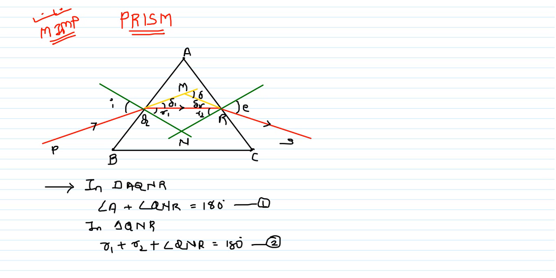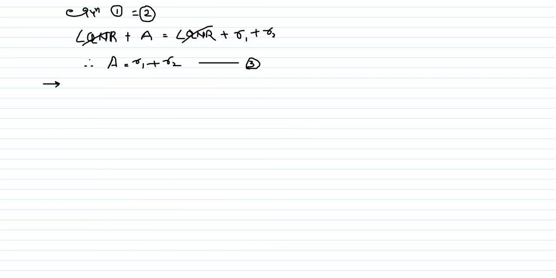So in triangle MQR, delta is equal to delta 1 plus delta 2. You can say equation number 4.